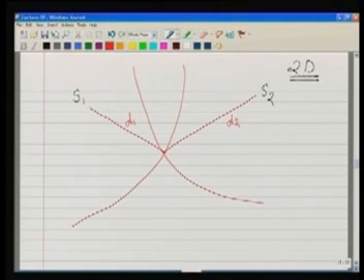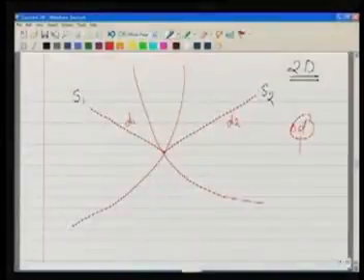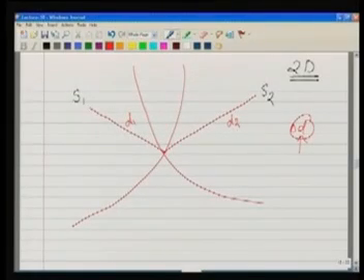Now let us say delta d is the error in distance. If there is a synchronization problem in the clock, the time measurement will have an error, and a time measurement error results in an error in the distance. Now we are measuring d1 plus delta d.